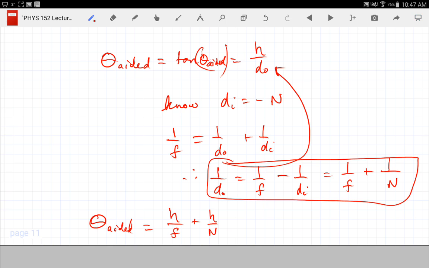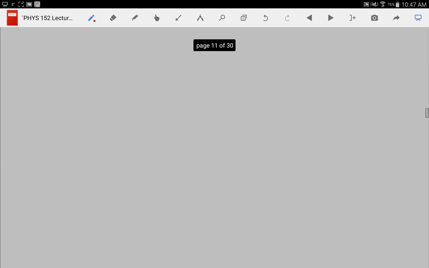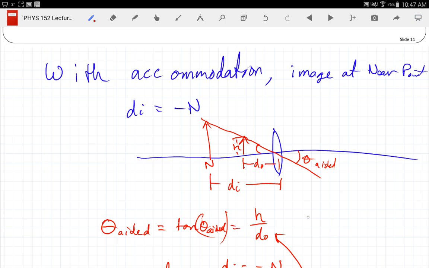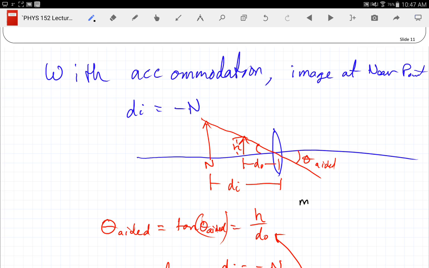Now if I do the magnification, and I'm going to just go to the next slide because I have it on the next slide. If I do the magnification, oh, I don't have it on that. Okay, let's come back here. If I do the magnification then, I will have the magnification, that's putting my theta unaided.